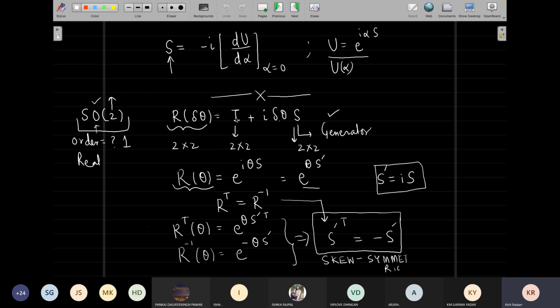Orbital angular momentum generates rotation in three-dimensional space. So when we say that L1, L2, L3 are the generators of theta 1, theta 2, theta 3, what we are saying is that the generators are the orbital angular momentum. And what does it generate? It generates infinitesimal rotation as per the Lie group. So the generator is the generator of that infinitesimal operation.